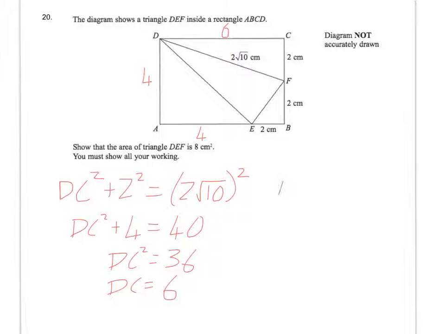So triangle DCF, I guess. I can label those in any order. The area of that is going to be 6 times 2 over 2, which is 6 centimetres squared.